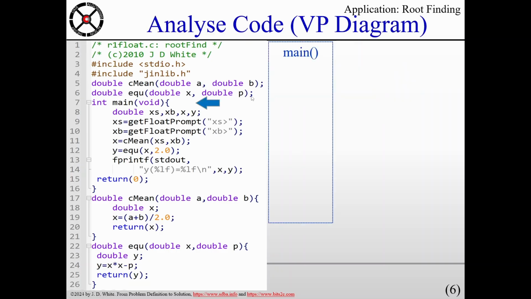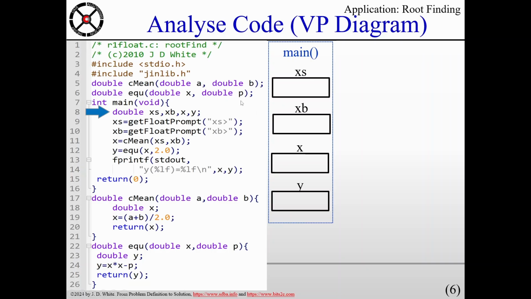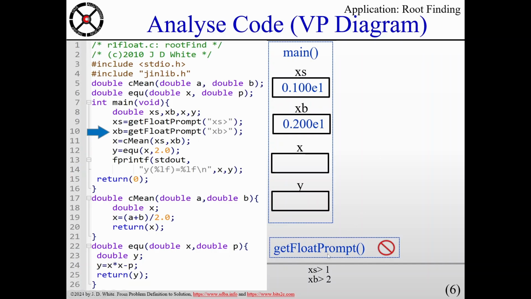Main starts. We declare our four containers, XBS, XB, X, and Y. I call get float prompt. In that case, I type in 1, and it gets stored into the memory location. Get float 2 prompts me with XB.